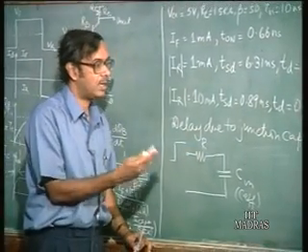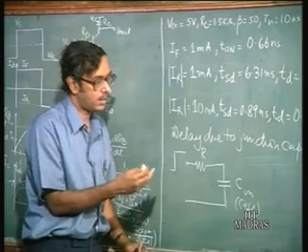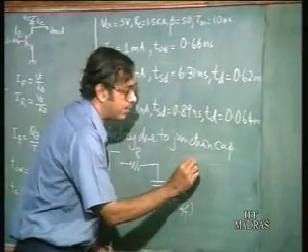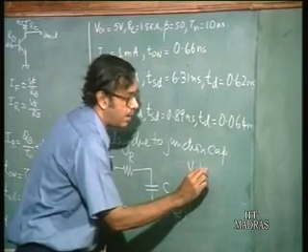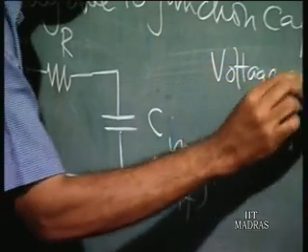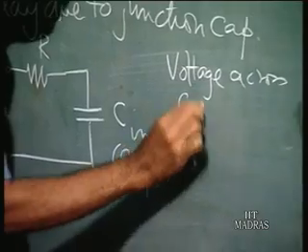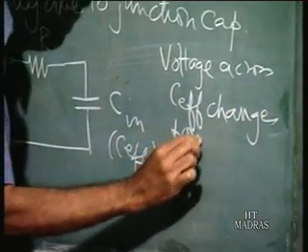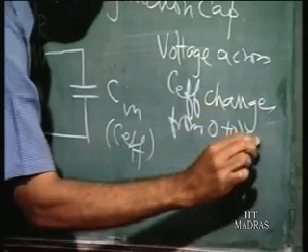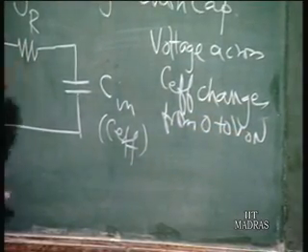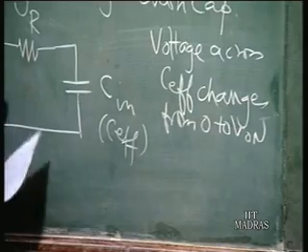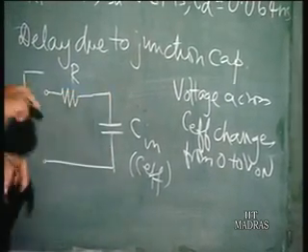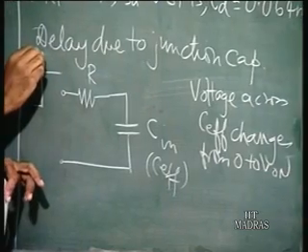For example, if you take a particular case, if the voltage across C effective changes from 0 to V on, say, that is when you are charging the input, and you have applied a voltage Vf here.